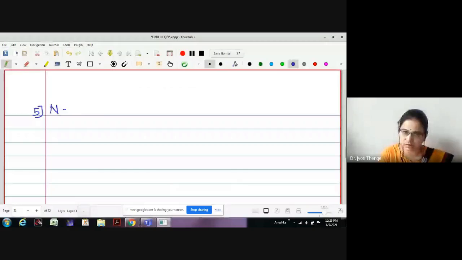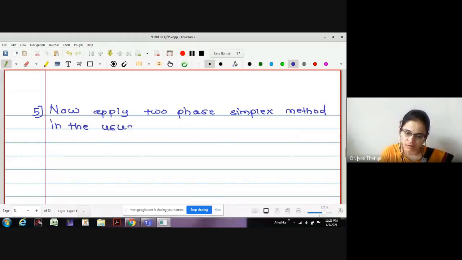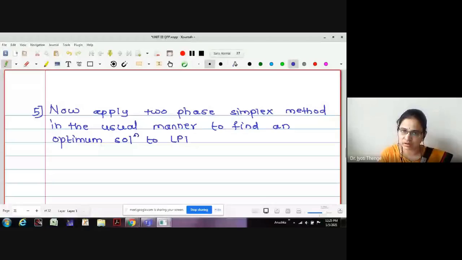Step number 5 says that now apply the two-phase simplex method in the usual manner to find an optimum solution to the linear programming problem constructed in step 4.